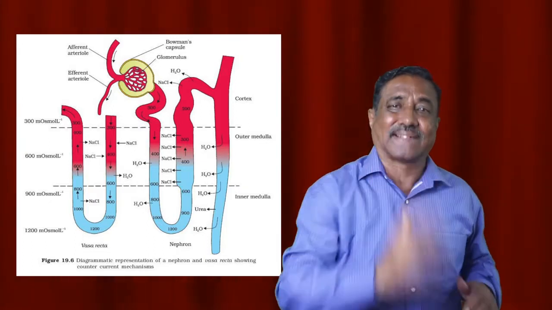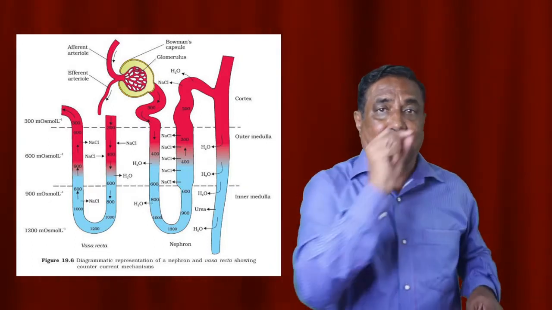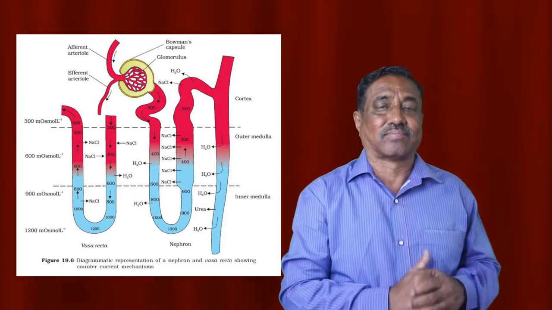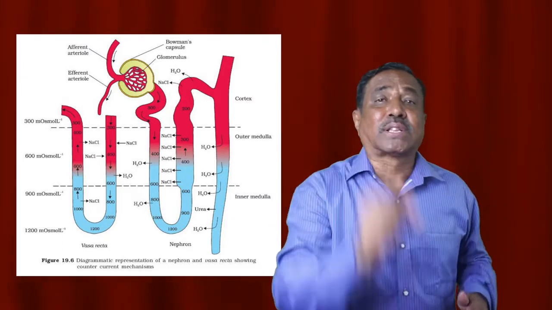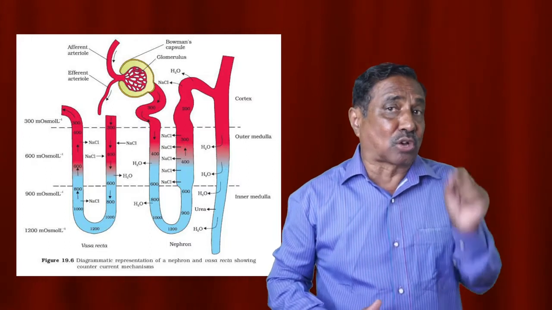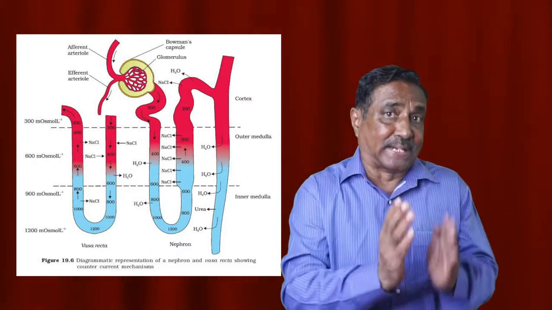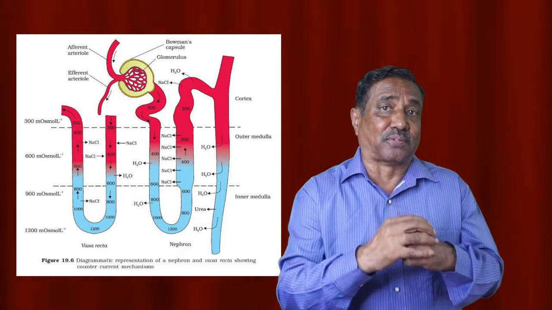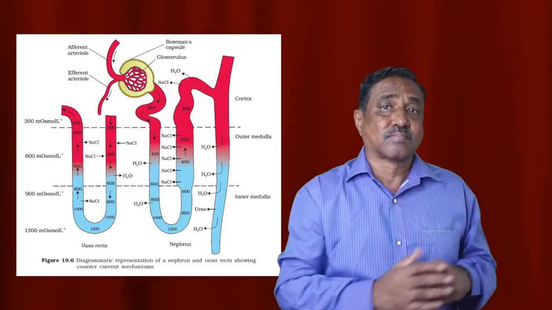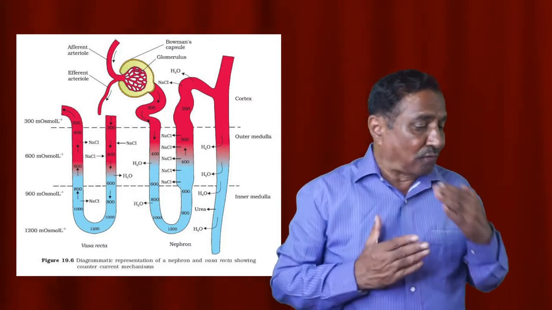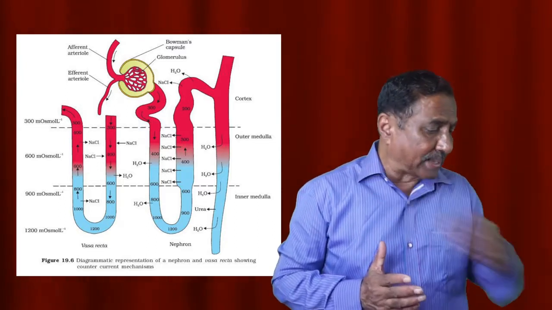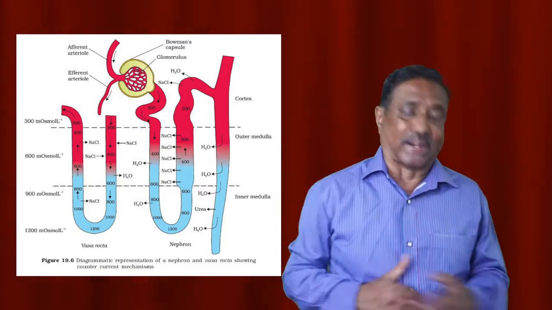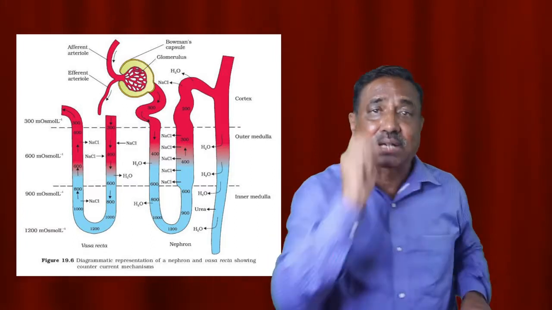And as the filtration takes place under pressure, it is called ultrafiltration, and the rate is the GFR, glomerular filtration rate. About 1100 to 1200 ml of blood is filtered per minute, which amounts to 1/5 of the blood pumped from the ventricle of the heart per minute.